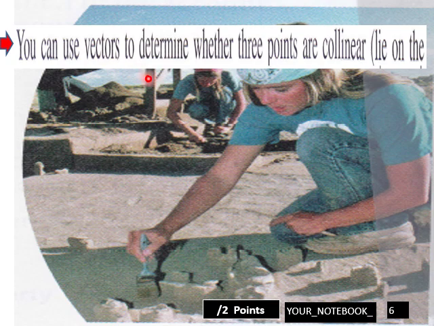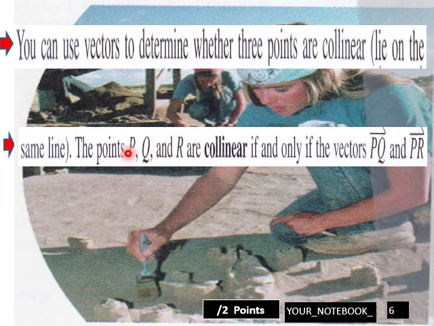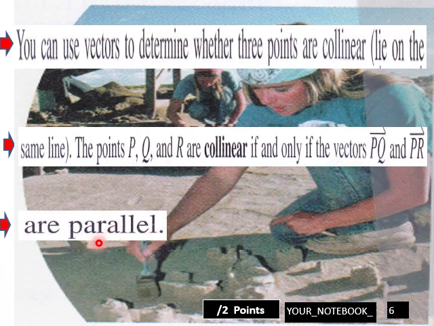You can use vectors to determine whether 3 points are collinear, meaning they lie on the same line. The points P, Q, and R are collinear if and only if the vectors PQ and PR are parallel. So collinearity will also contain the property of parallelism within collinearity, right?